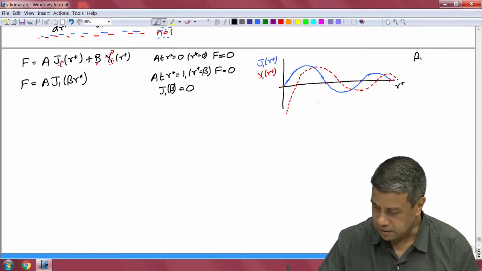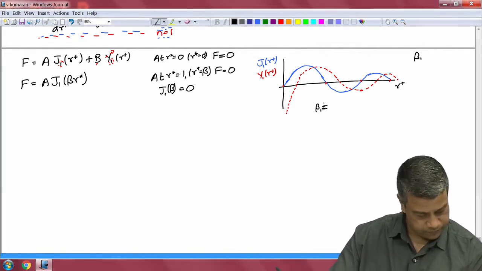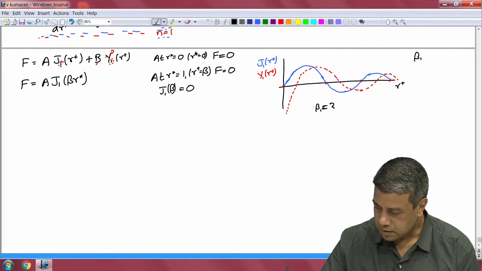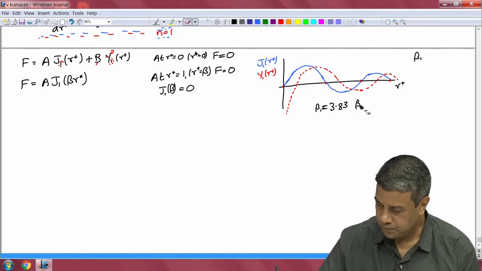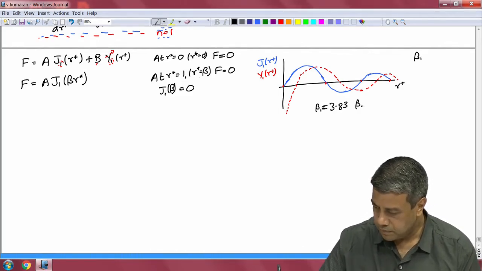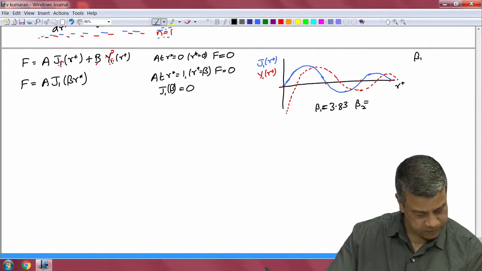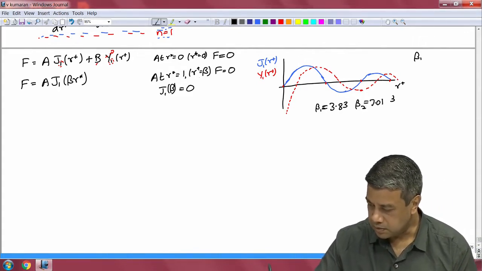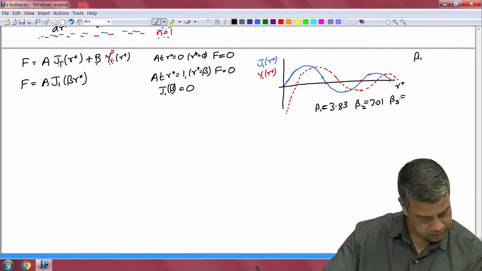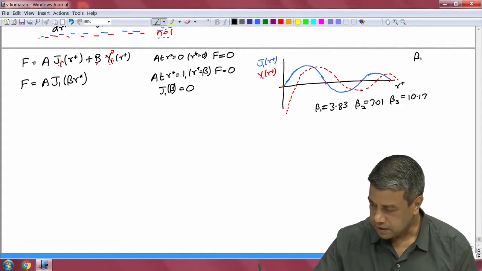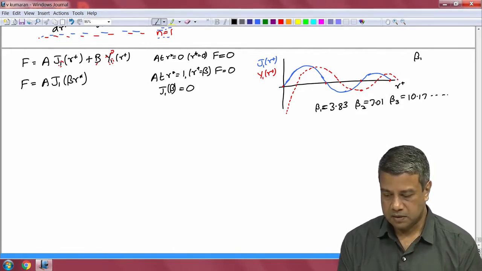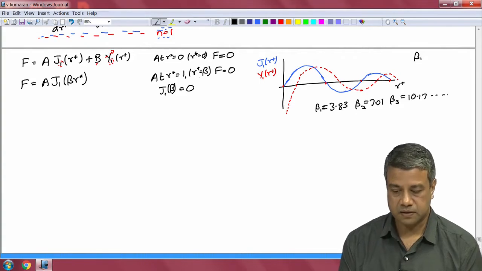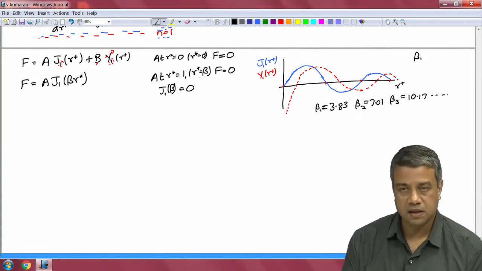Beta 1 is equal to 3.83, beta 2 equals 7.01, the third one, beta 3, equals 10.17, etc. This condition is satisfied only if beta has a discrete set of values.